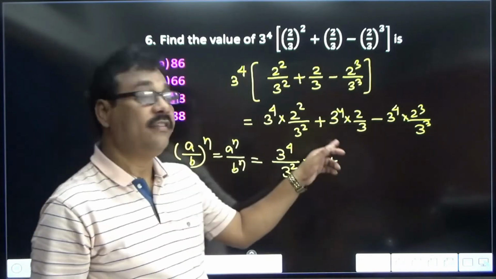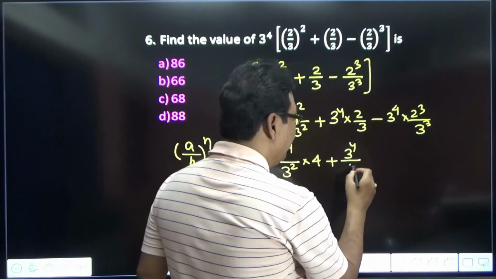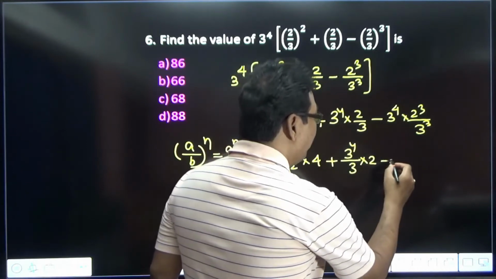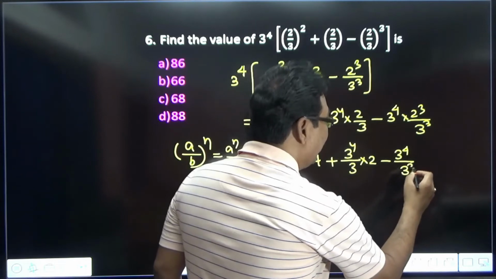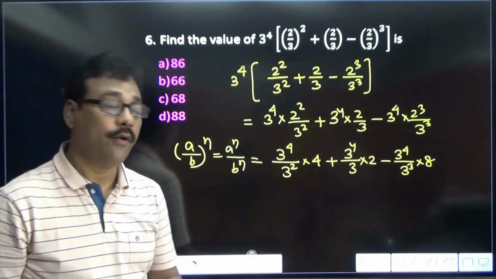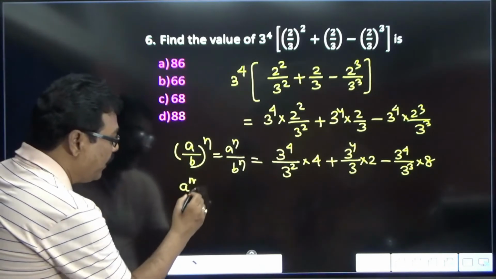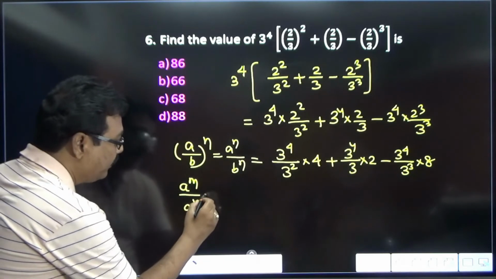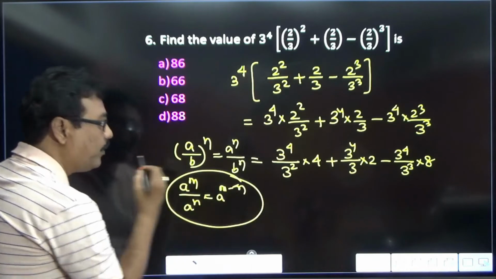Plus 3 to the power 4 by 3 into 2, minus 3 to the power 4 by 3 cube into 2 cube, that is 8. We know that. Now what to do? a to the power m by a to the power n is equal to a to the power m minus n. So I can use this formula.